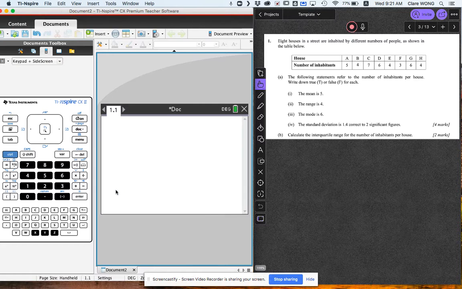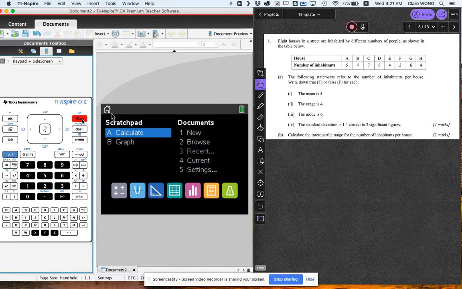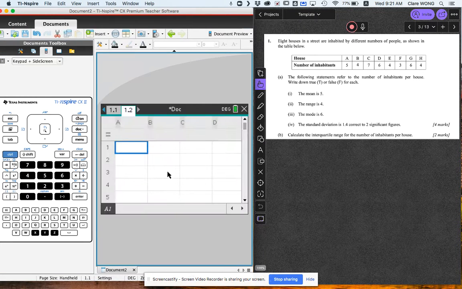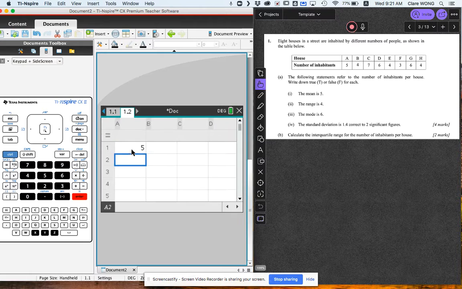So you need to have not a calculator, but a spreadsheet to enter the number of inhabitants. So we have this. You enter into your column 1.